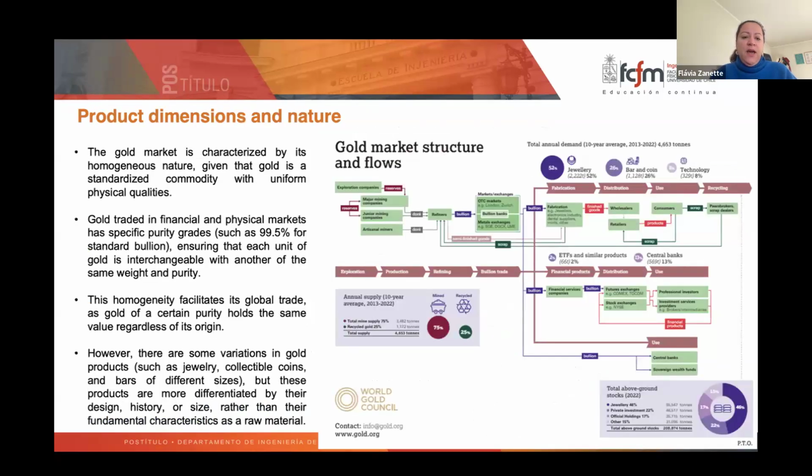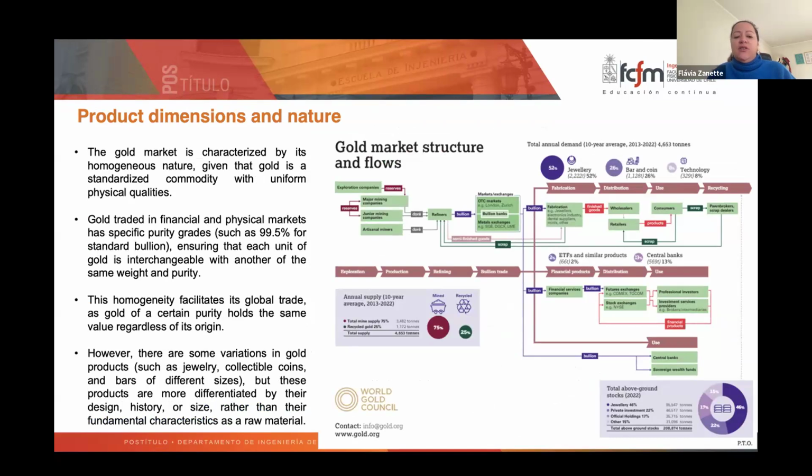Okay. Then we have dimensions and nature of the market. The gold market is characterized by its homogeneous nature, given that gold is a standardized commodity with uniform physical qualities.